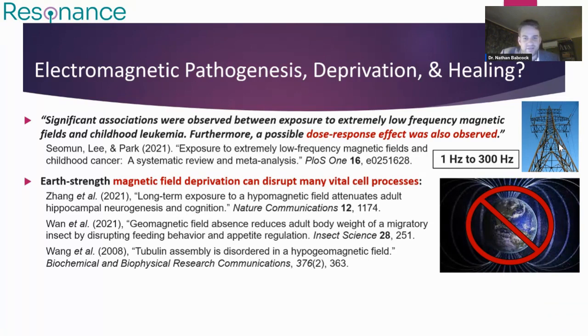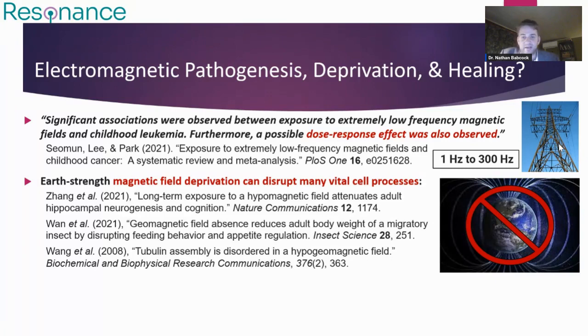In some organisms, it was shown to influence the feeding patterns, disrupting the appetite of particular migratory insects. And it has even been shown that tubulin assembly into microtubules is disordered in the hypogeomagnetic field, the magnetic field weaker than that of the Earth, which is already quite small.